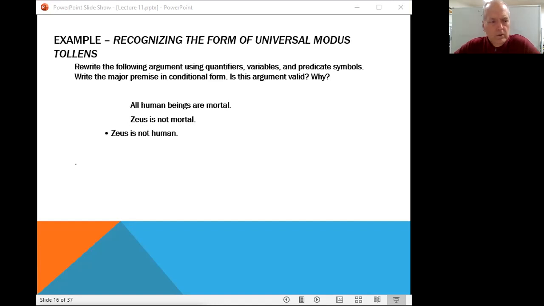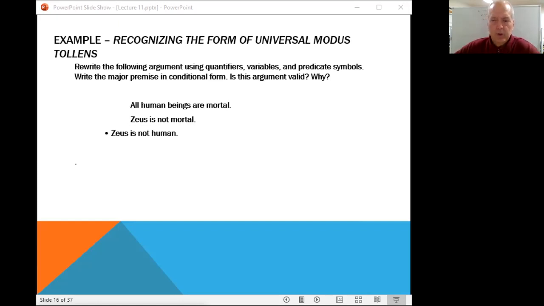Okay, let's take a look at this one. So the major premise can be rewritten more formally as: for all x, if x is human, then x is mortal. We can use the notation h(x) for x is human and m(x) for x is mortal.